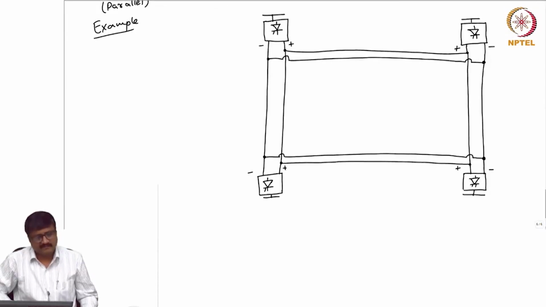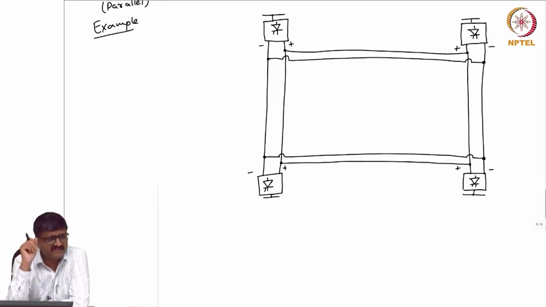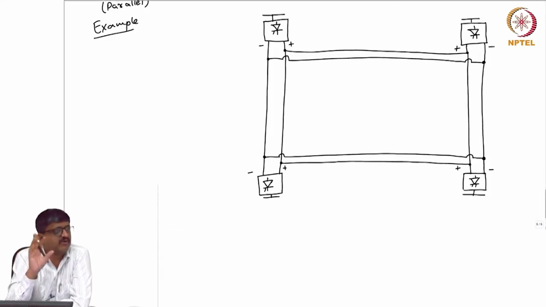Say, the point here is, even if there is loss of one transmission line, there is a connection between any converter and any other converter. Suppose there are 4 transmission lines here, one transmission line is lost, that means we disconnect. Still, there is a connection which can be established between any 2 converters. So, that is possible only if you have a mesh connection. Now, this is similar to the AC transmission system.